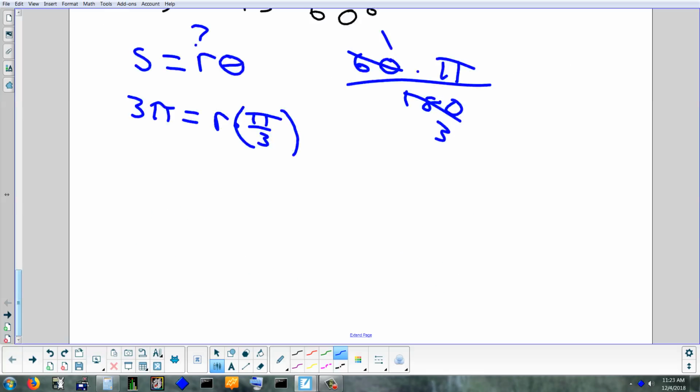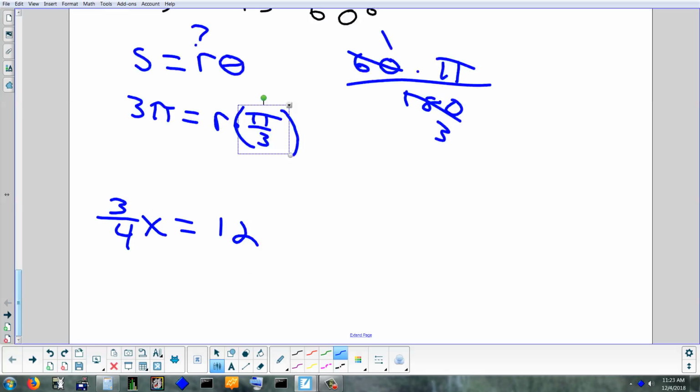Okay. Now I want to get r by itself. So I want to move the pi and the 3 to the other side at the same time. It's kind of like if you had this, and you wanted to move the 3 and the 4 to the other side at the same time. Does anyone know what you do to move both at the same time? Multiply by the reciprocal. Yep.